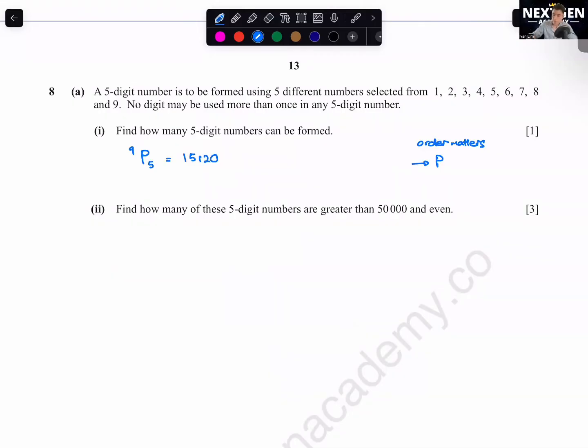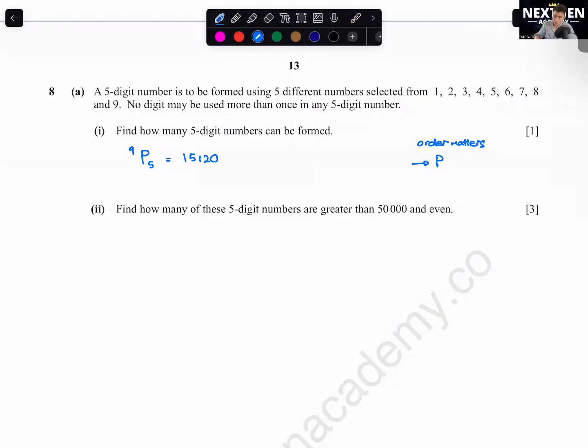Okay, next one. Find how many of these 5-digit numbers are greater than 50,000 and even. So we need to think about all the scenarios. Okay, even means it will end with 2, 4, 6, 8. Okay, 5-digit numbers greater than 50,000. So my first digit can be 5, 6, 7, 8, 9.